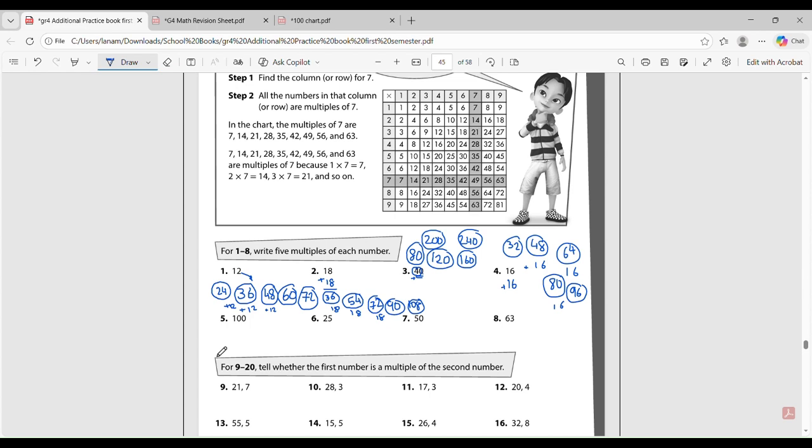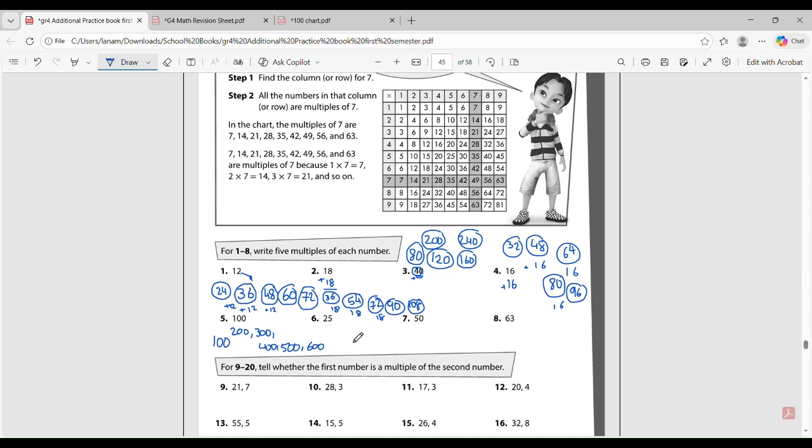Now 100, I have 100 plus 100, we have 200, 300, 400, 500, 600, 700. Okay, any 5 multiples.